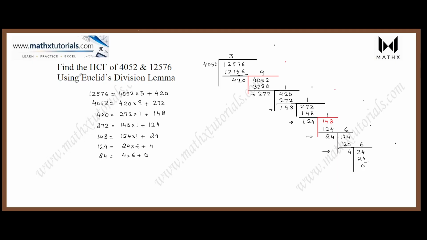Now the last number by which we divided was 4, and that becomes the HCF. This is how we find the HCF using Euclid's division lemma.